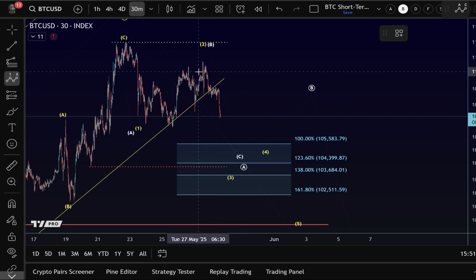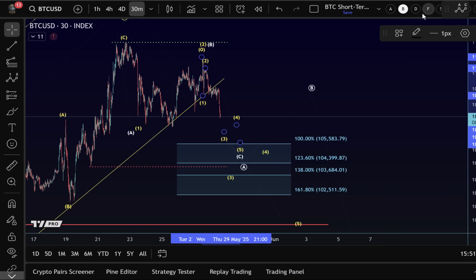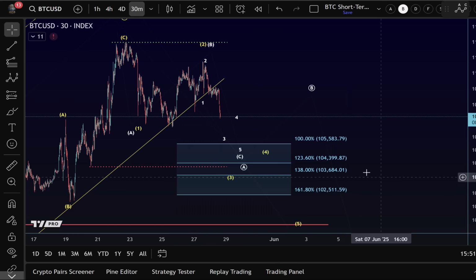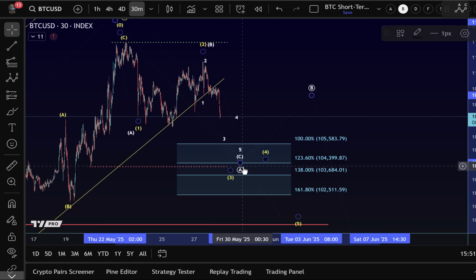It would have to be some kind of a diagonal pattern, probably, based on the structure here. But trying to do nano counting here is always a bit of a challenge, so I will remove that from the chart afterwards because the patterns aren't very clear on this time frame. But if we see further evidence for 5 waves down like that, then this could be wave C completed of A, and then we'll watch for the next bounce in wave B.